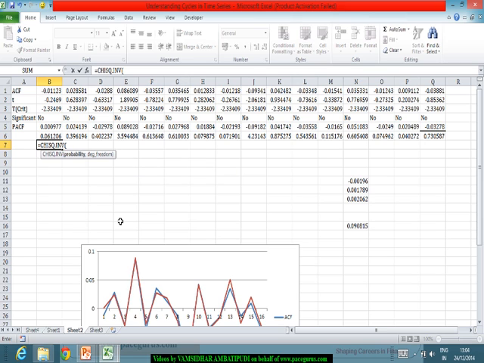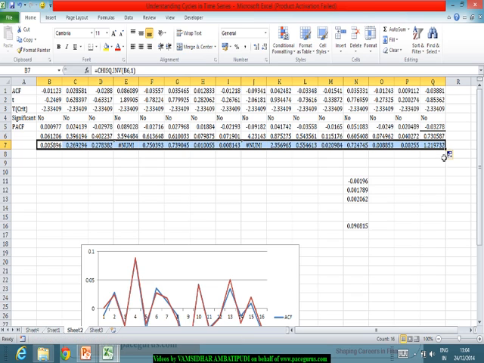Chi-square distribution with the degrees of freedom equal to 1. So you see the probabilities of a chi-square distribution with degrees of freedom equal to 1.